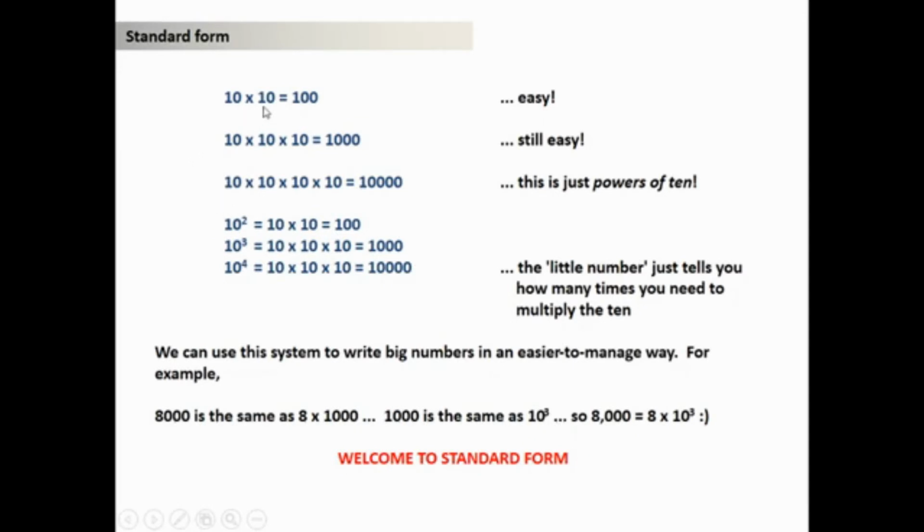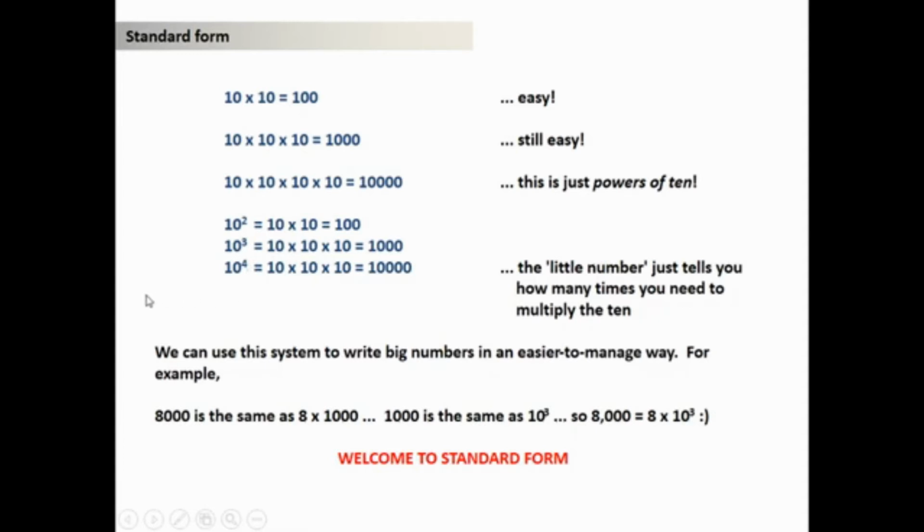So instead of saying 100, you can say 10 to the power of 2. Or instead of writing 10 times 10, you can say 10 to the power of 2. Instead of writing 10 times 10 times 10, you say 10 to the power of 3. So all that power means is that this number is raised by that power. In other words, this number is multiplied by itself that many times.